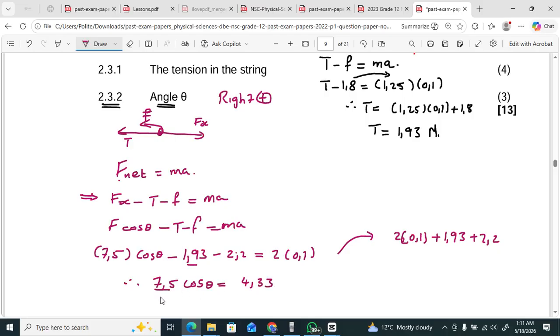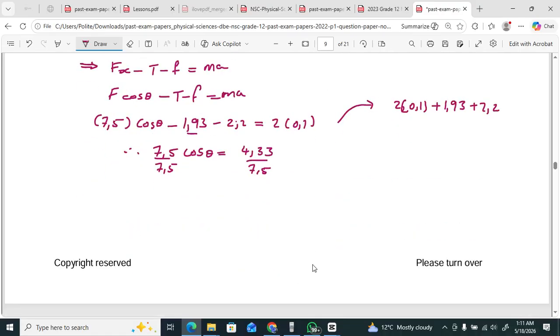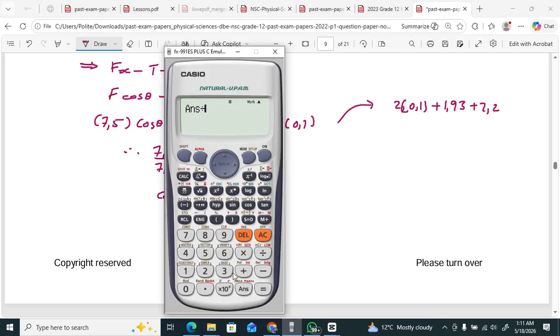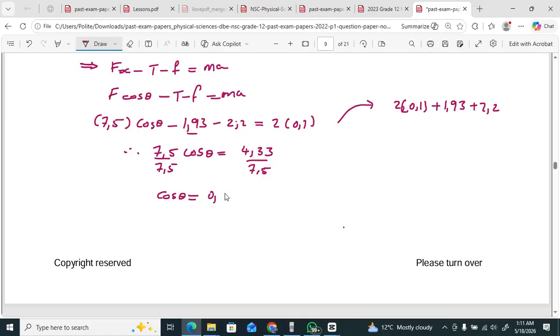Then you can divide by 7.5 on both sides. What is the cos of theta equal to? We take the answer divided by 7.5. This gives us 0.577 and so on.